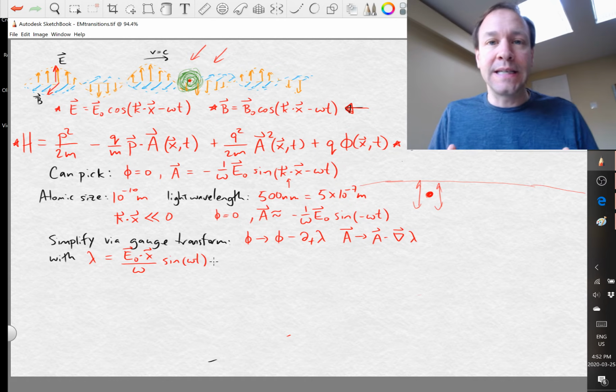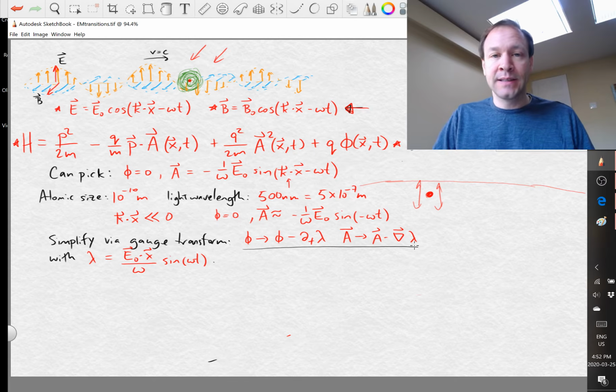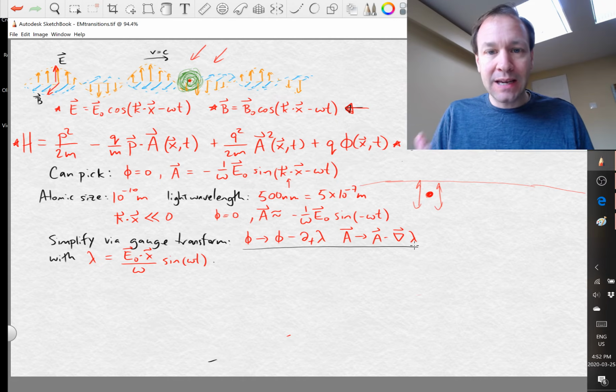The point is that any transformation like this represents a change in the potentials that doesn't change the fields, and now we're just making a particular choice.